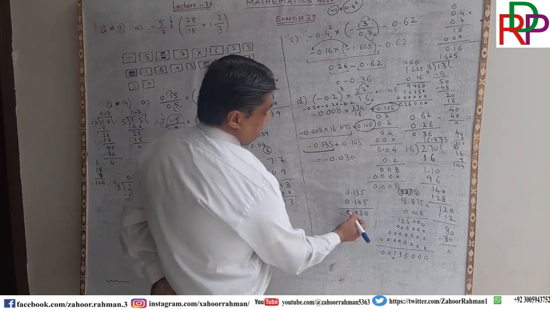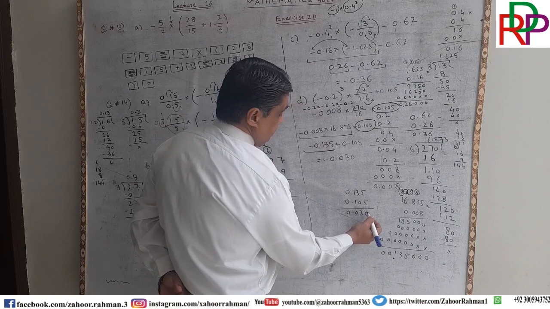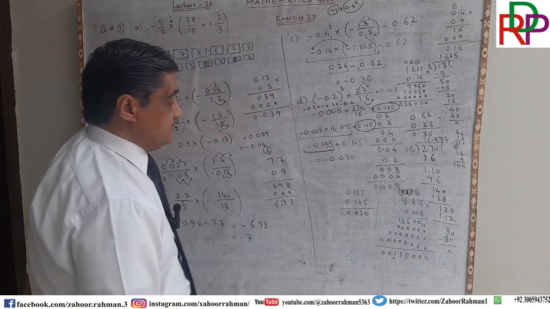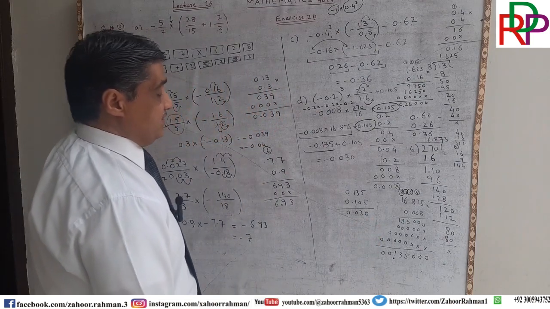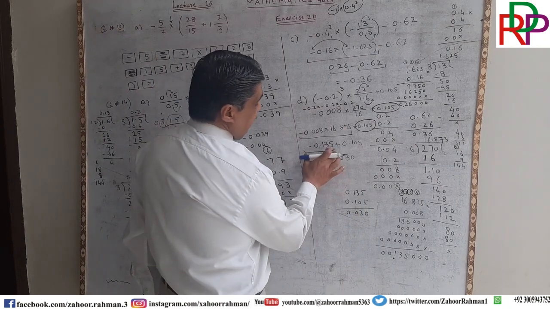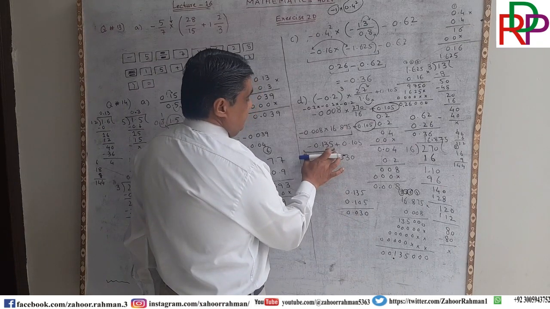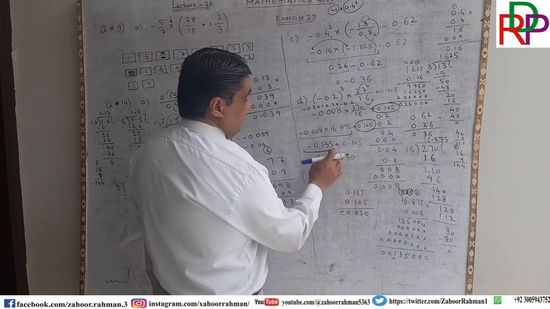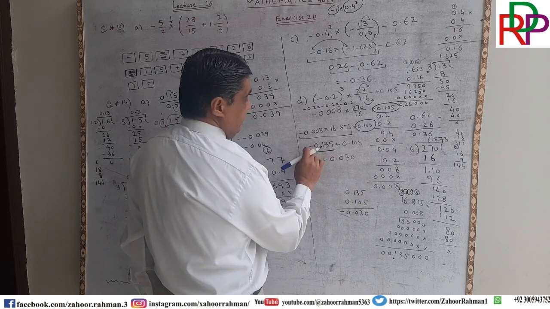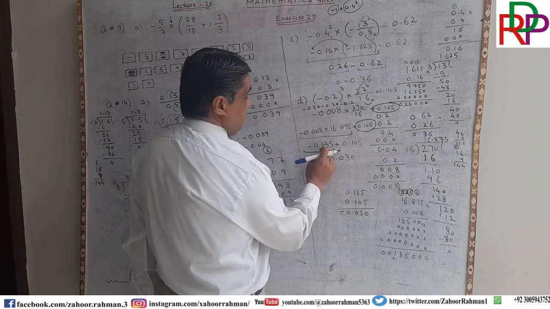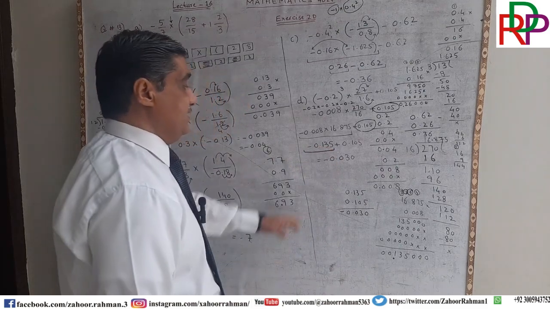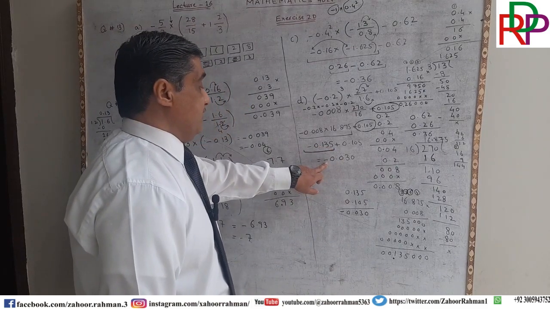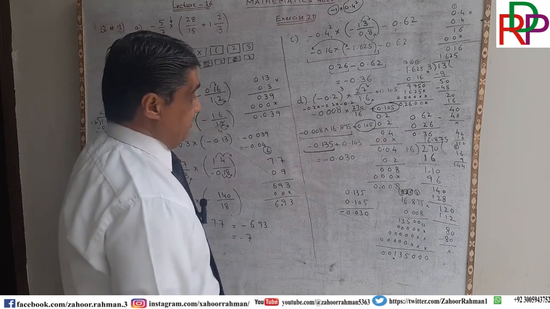So it will be 0.030. And ladies and gentlemen, the sign of the larger digit will be with the number. So because the symbol of 0.135 is negative, we will put the negative symbol.